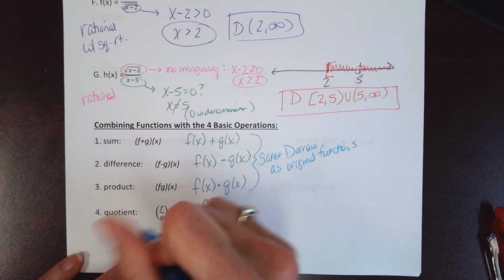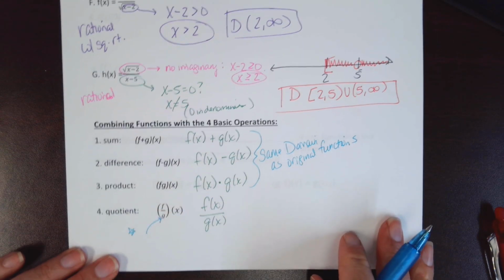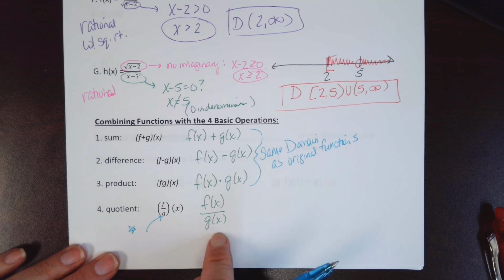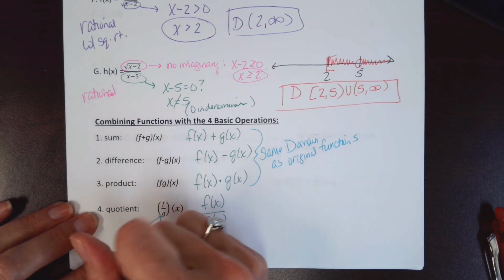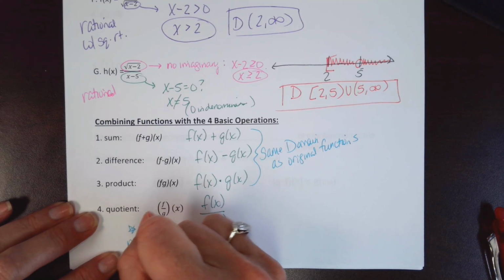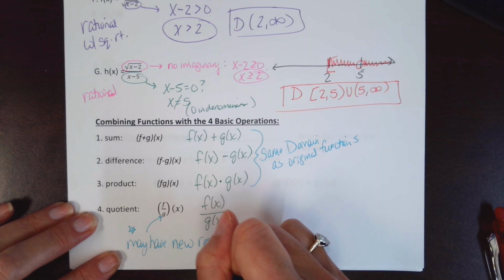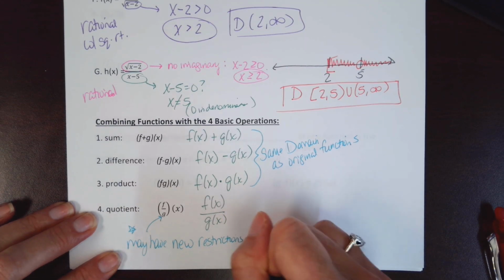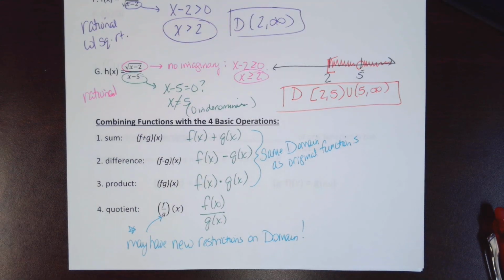This one though, because of that denominator bit, I have introduced a function into my denominator, which automatically sets it up so that I've got this rational function going on. I may have additional new restrictions on my domain. So I've got to watch for that, okay?